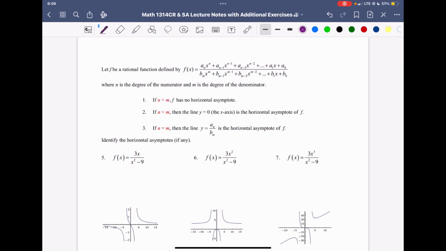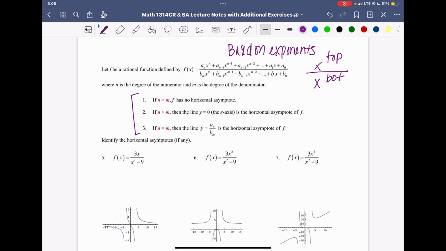That's it. Now, how we determine horizontal and vertical asymptotes. We already did vertical, so now we're going to do horizontal. This is going to be based on exponents. So you have a fraction, and we're looking at the exponent of the top versus the exponent on the bottom.